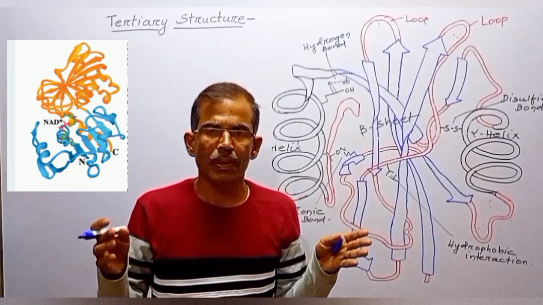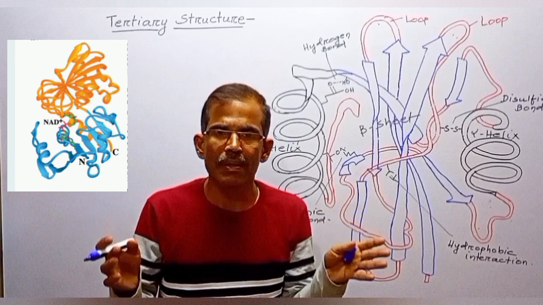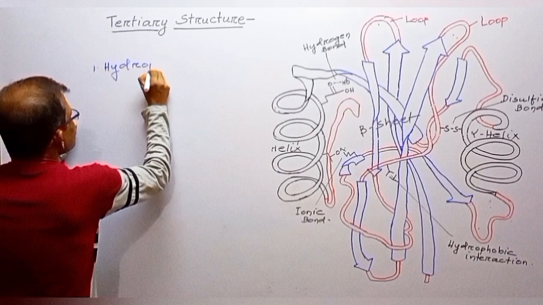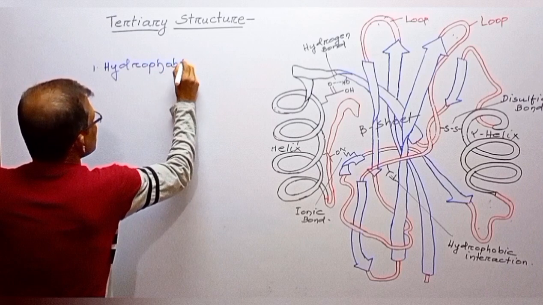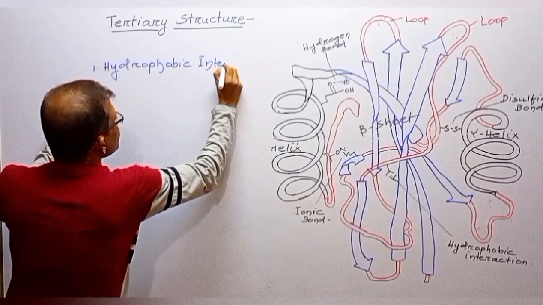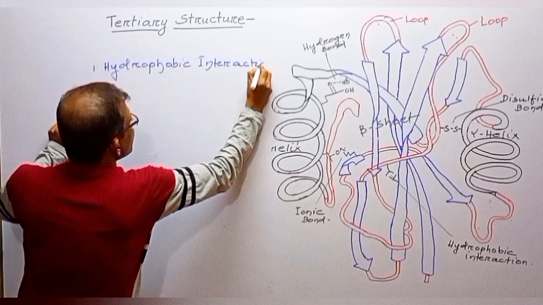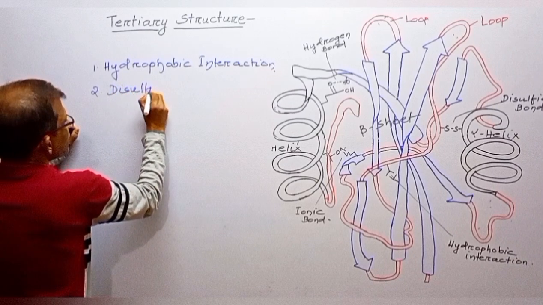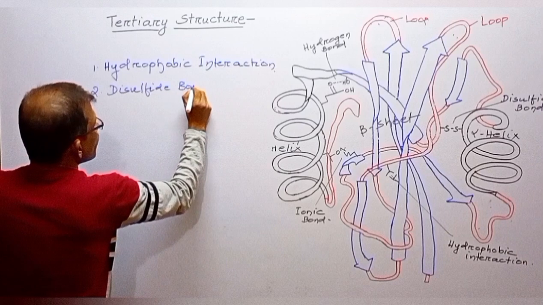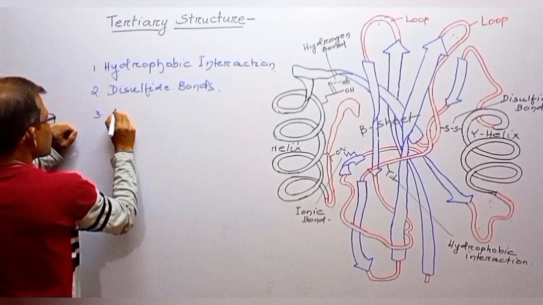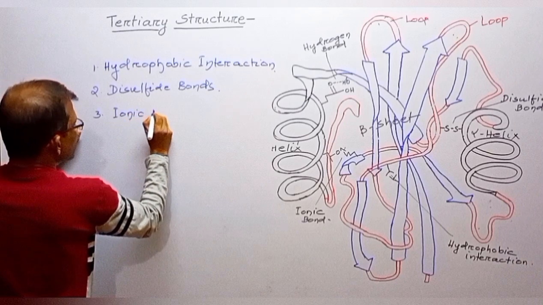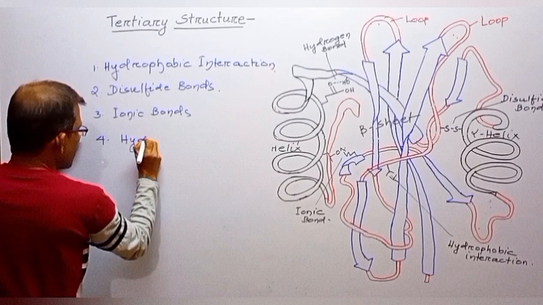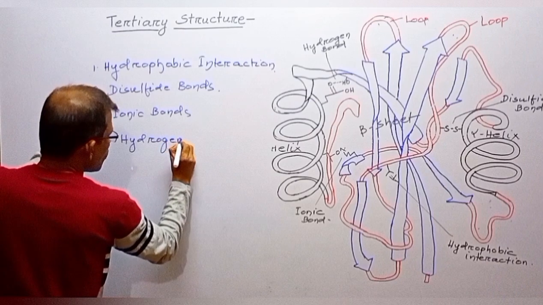The tertiary structure of a protein is stabilized by different types of interactions such as hydrophobic interaction, disulfide bonds, ionic bonds and hydrogen bonds.